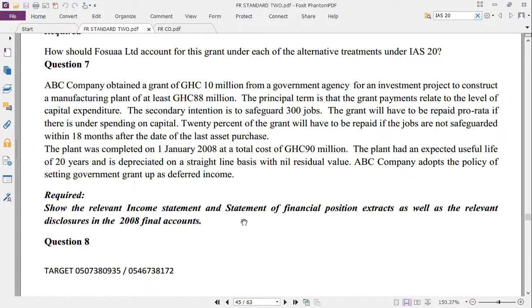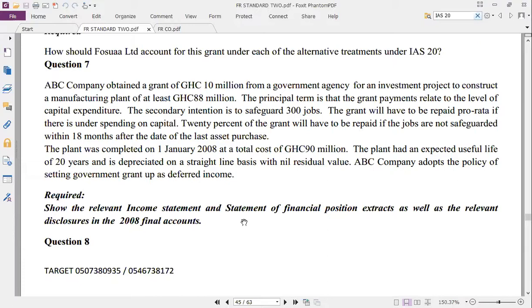The grant will have to be repaid pro rata if there is underspending on capital. 20% of the grant will have to be repaid if jobs are not safeguarded within 18 months after the date of last asset purchase.